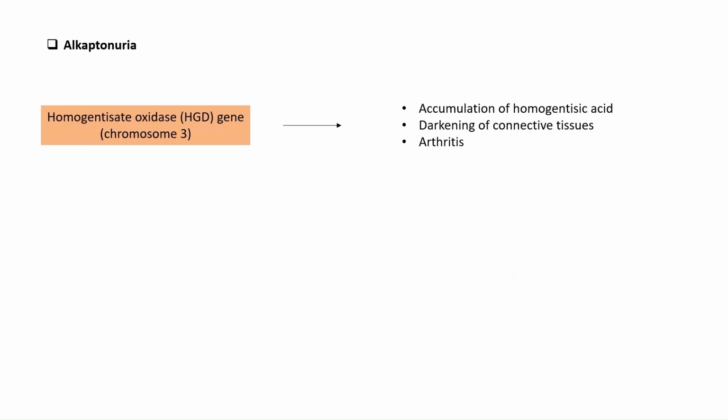Alkaptonuria is yet another disorder due to a pleiotropic gene, that is the homogentisate oxidase gene present on chromosome number 3. It is responsible for the accumulation of homogentisic acid. Along with that, it also results in darkening of connective tissues and arthritis.